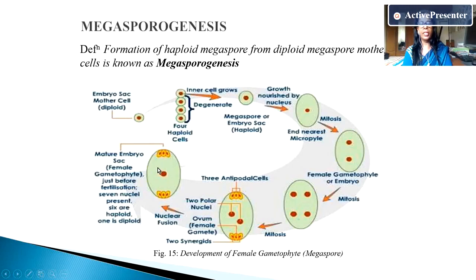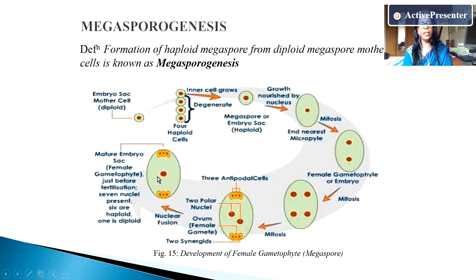This is produced inside the nucellus. It is formed from one of the diploid cells of the nucellus. From this cell, the gametophyte is produced. It undergoes meiosis and 1 becomes functional, and the functional megaspore nucleus undergoes three mitotic divisions and produces 8 cells.